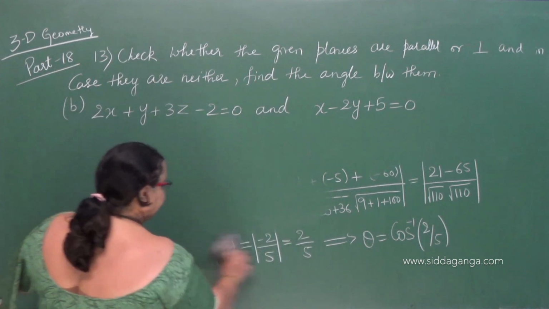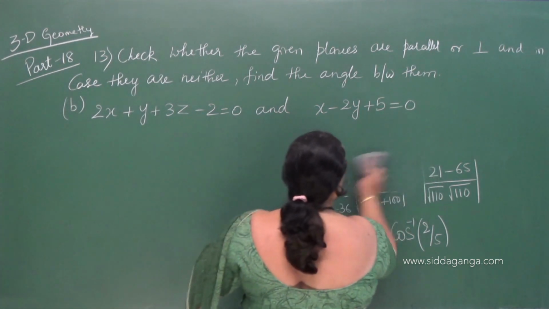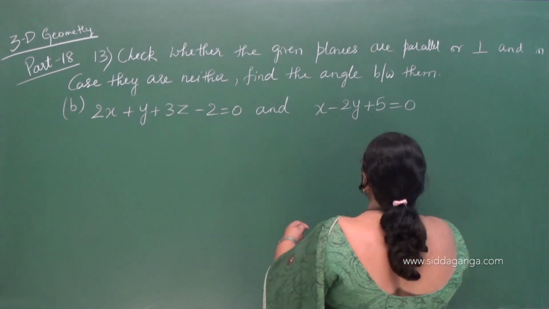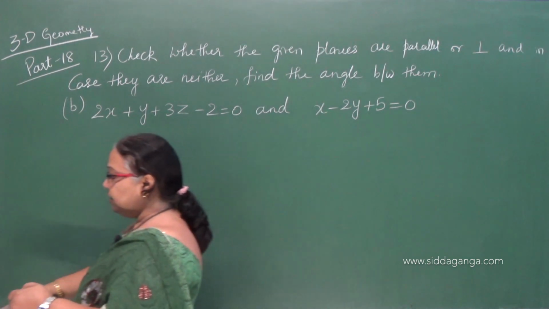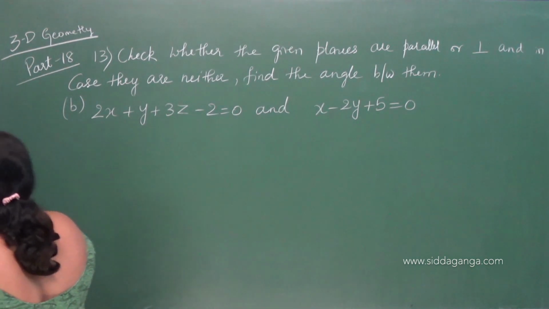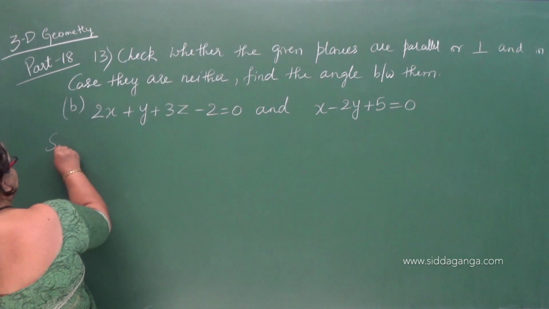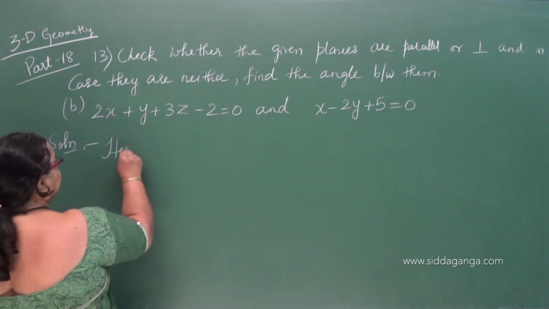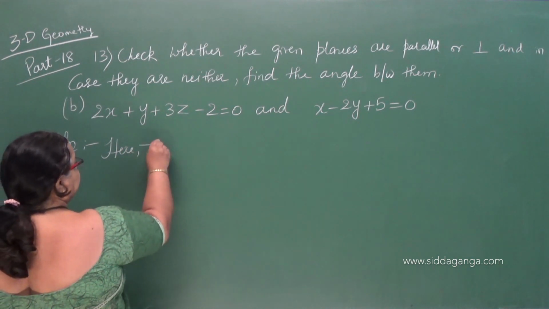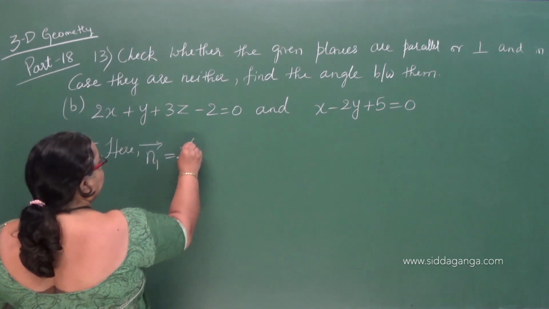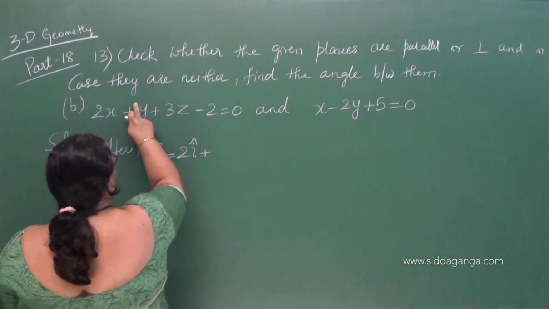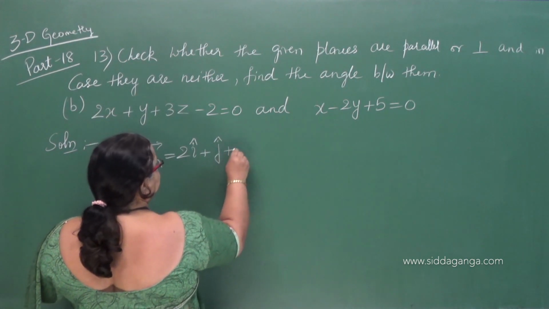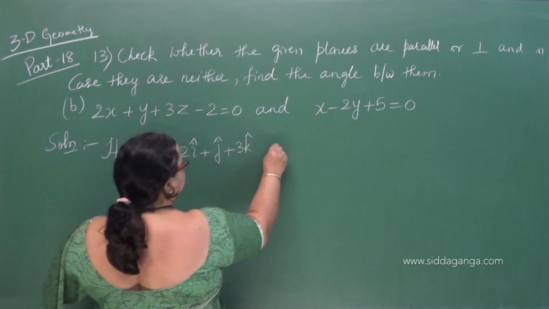In the second plane we don't have z, so the k component of that normal vector is 0. So now the solution: for these given planes, n1 vector is equal to 2 i cap plus 1 j cap plus 3 k cap.